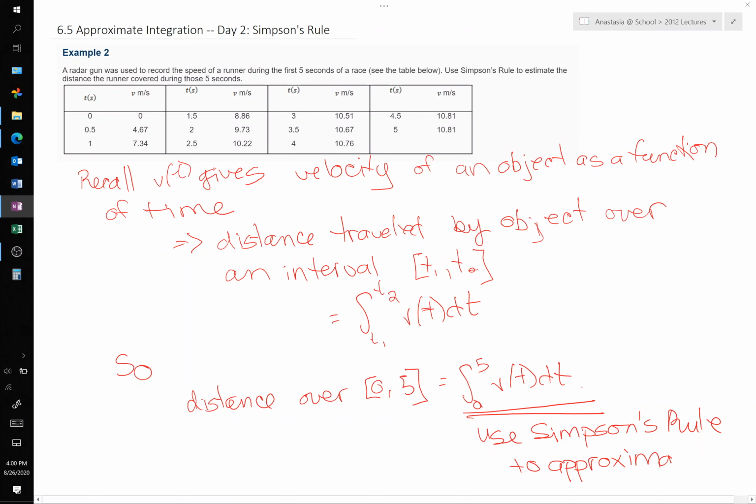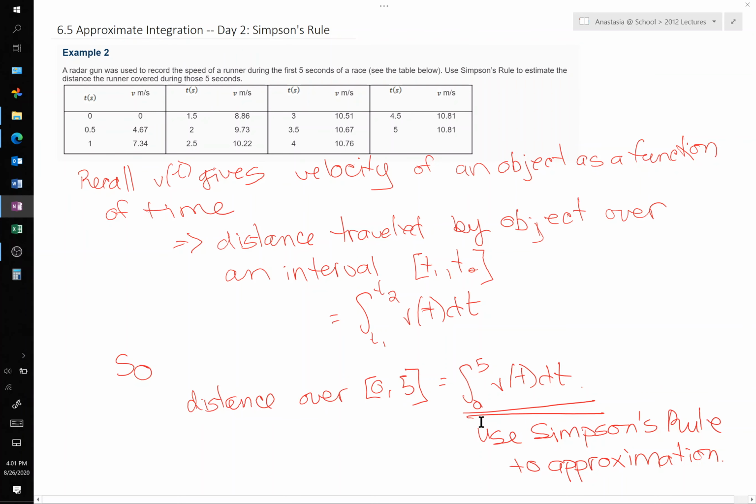If we actually knew what v of t was, and we didn't just have a few data points, then we could decide how many intervals we wanted to use from 0 to 5. We could divide up our interval into that many subintervals. We could figure out what delta t was, the width of each one of the subintervals, and so on and so forth. But we don't have a full function. What we have is data points.